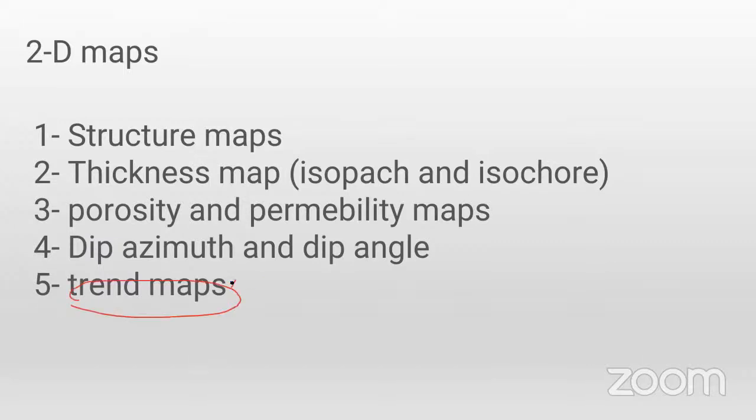As I mentioned in the previous section, we use some sort of trend map that comes from interpretation by sedimentologists, because those maps show the trend of porosity and permeability.